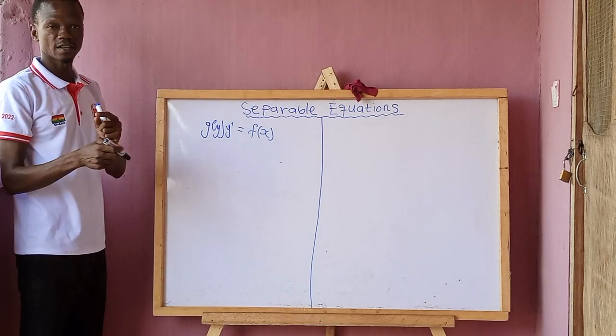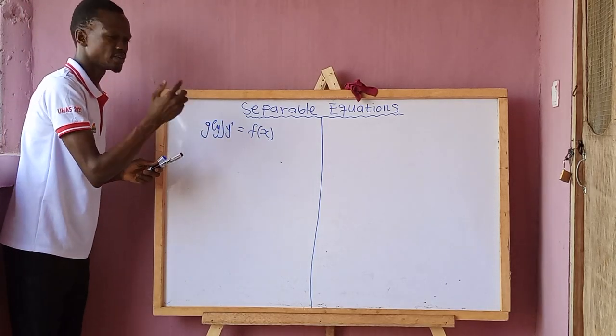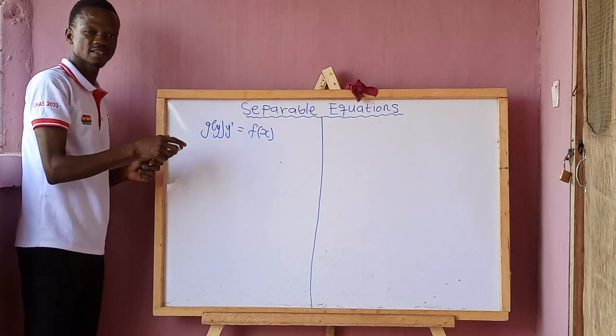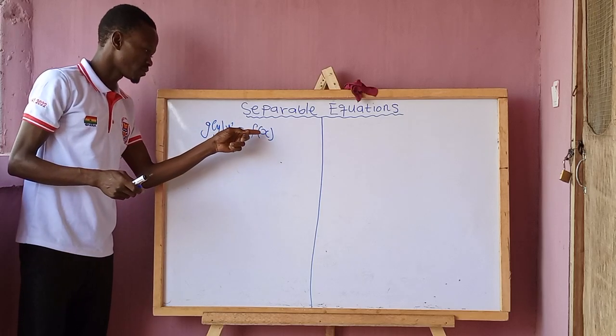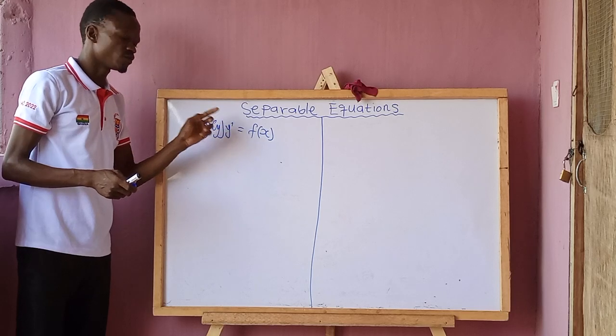But as I stated initially, let's not forget that y prime is equal to dy dx because the function depends on x. If the function had depended on t, then we would have had dy dt for the y prime.